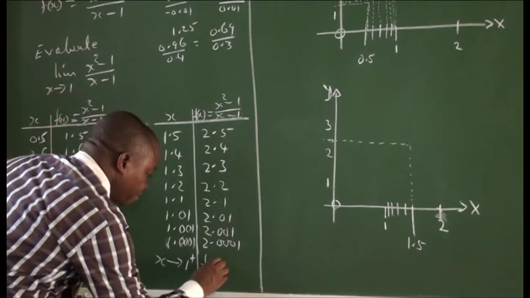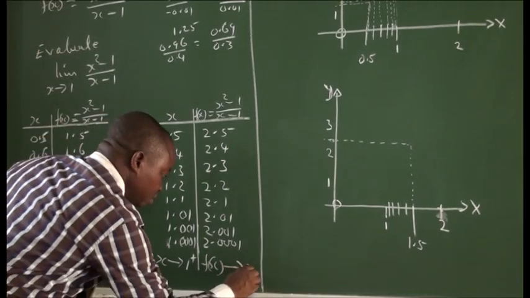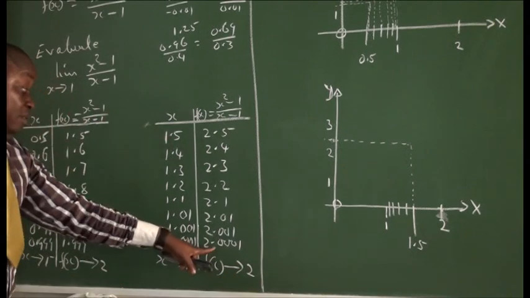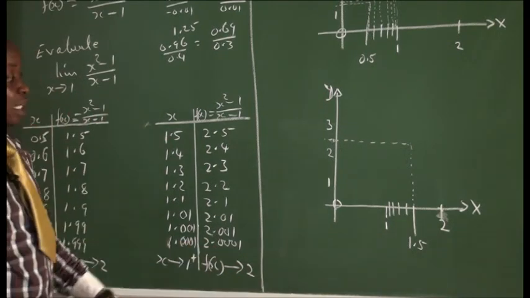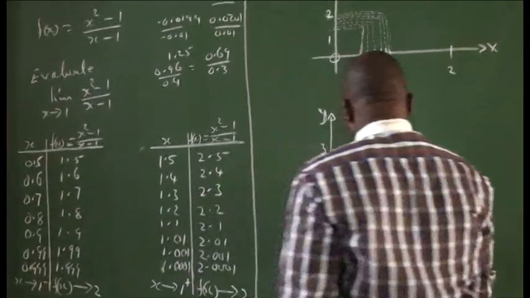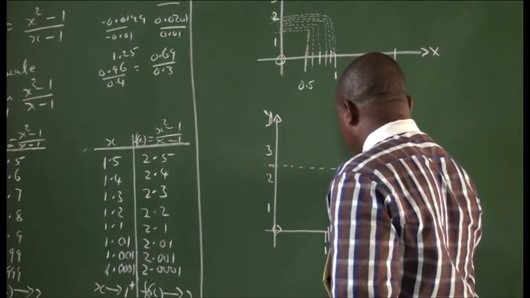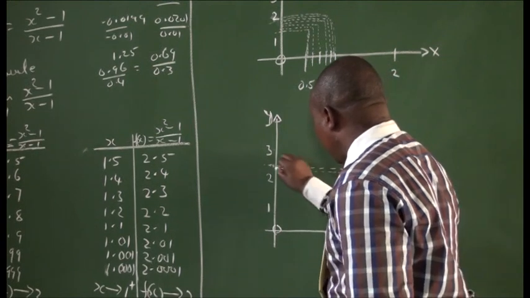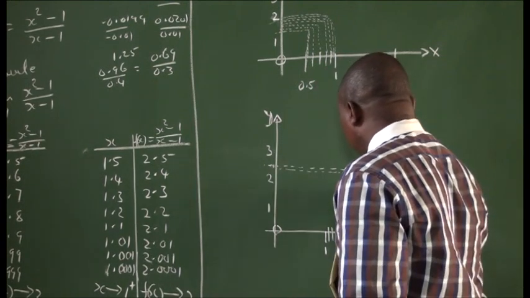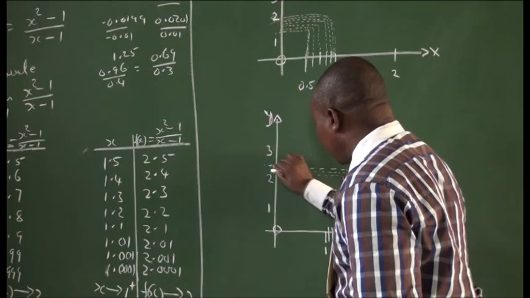then f of x approaches the number 2. Yes, because here, if I approximate it, it will be 2. Now let's look at the diagram too. At 1.4, we have 2.4, somewhere here. At 1.3, we have 2.3.